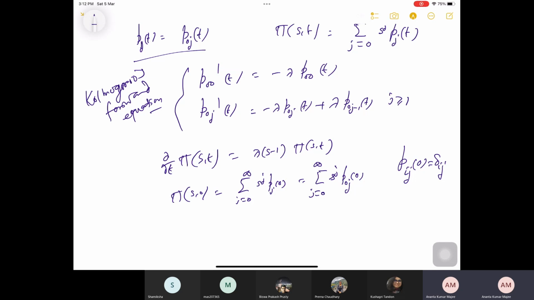So j is equal to 0, you have s to the power 0, that gives you exactly 1.